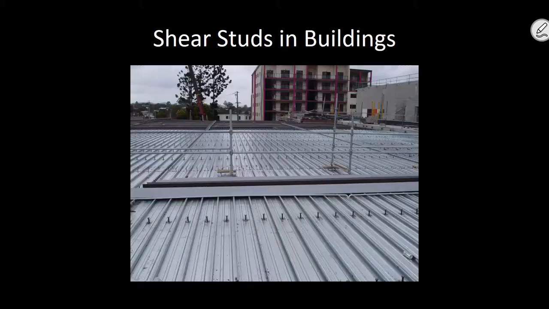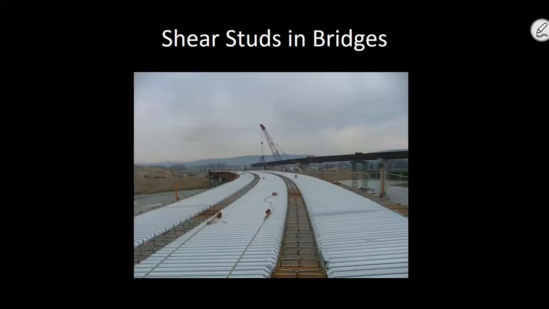But one point I'll bring out, if you look at this, these are the studs in a building, okay? This is a given beam. You have a single stud maybe every foot, you know what I mean? Now look at this, this is a bridge. There are studs all over the place, right? There's just a sea of shear studs, okay? And the reason is fatigue.